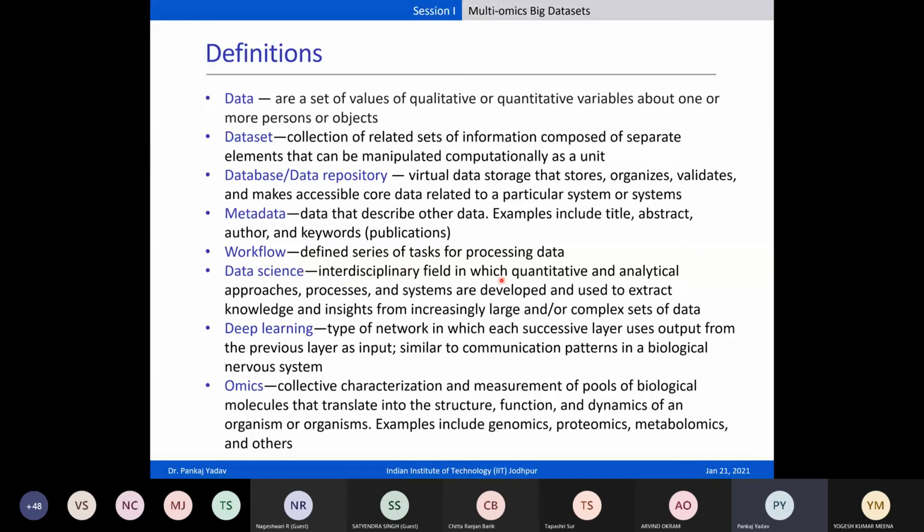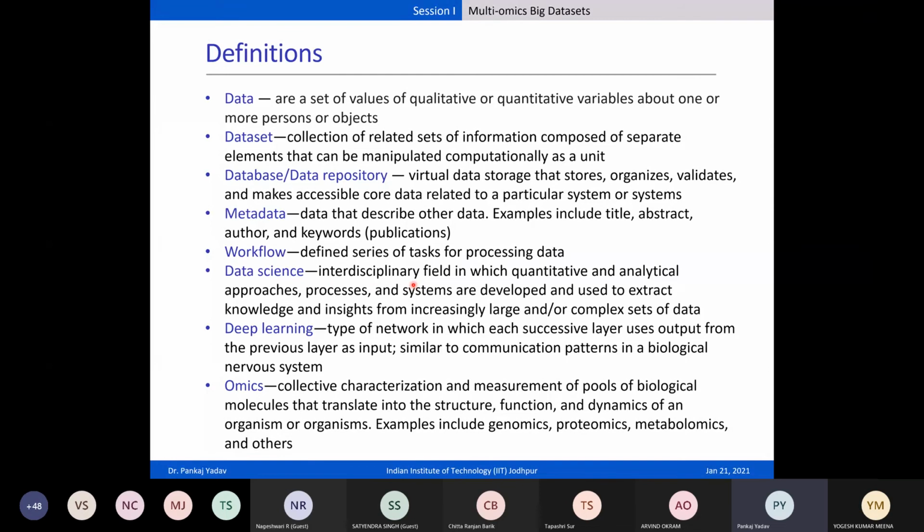In this kind of field, we have quantitative and analytical approaches, or processes and systems that are developed and used to extract knowledge and insights from increasingly large and complex sets of data. This is just one definition, and there can be other definitions of this field, but the essence is that it is interdisciplinary.